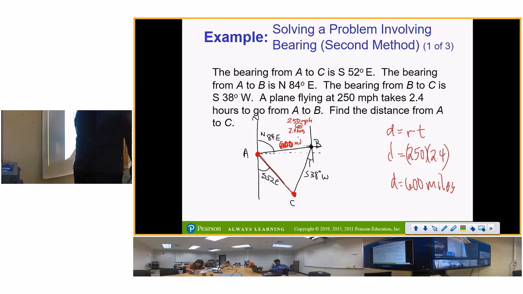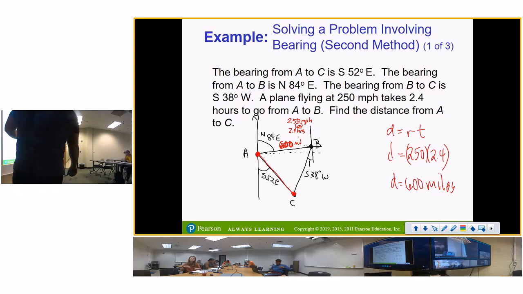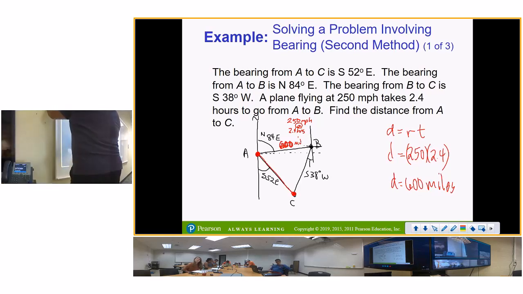now if you will do something over here, you might find that one of your angles is 90 degrees. So let's do this right here. 84. Let's see, this angle right here is there. So I'm going to do 180 minus 84 minus 52. Somebody do 180 minus 84 minus 52.